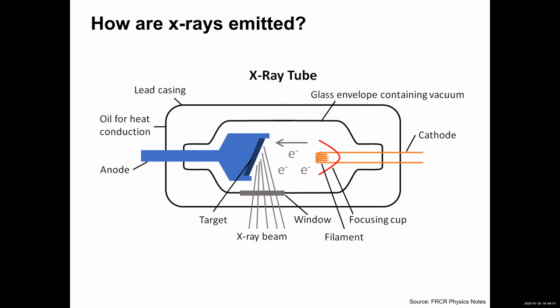Okay, so I was saying that most X-ray CTs produce X-rays in an X-ray tube, and the schematic is on the slide. There is a cathode and an anode which have a very large potential difference, and the cathode consists of a filament which gets heated up as current passes through it, and through thermionic emission, electrons are released from the filament and get accelerated towards the target on the positively charged anode due to the large potential difference.